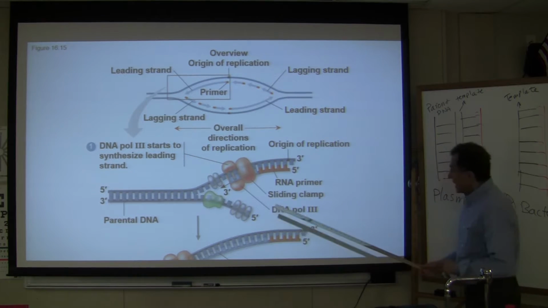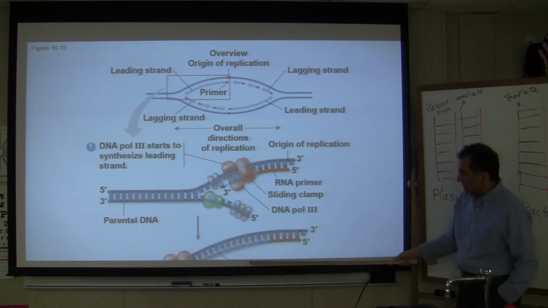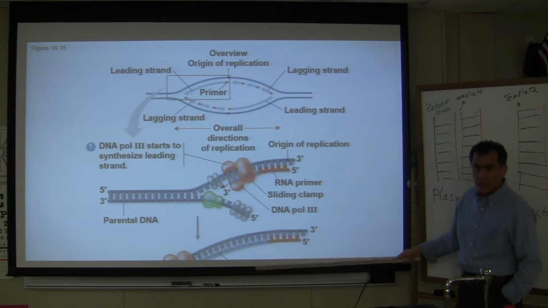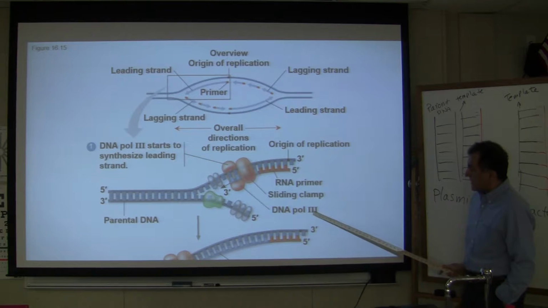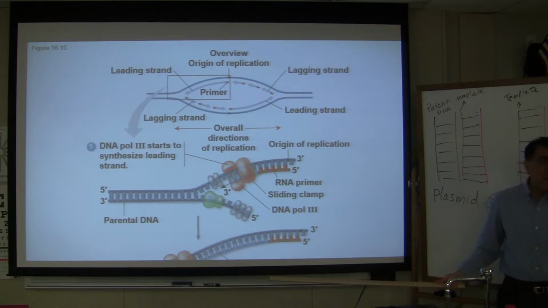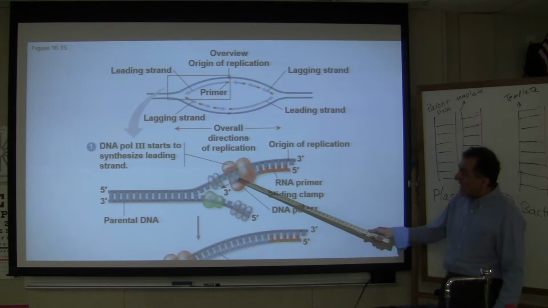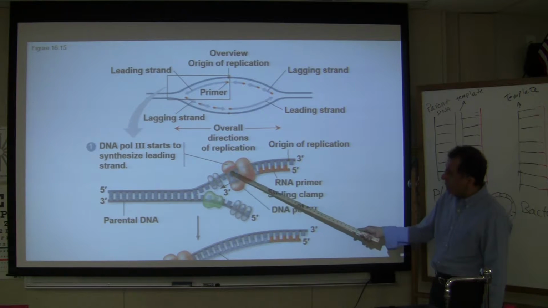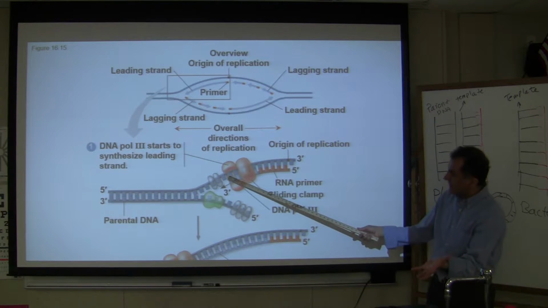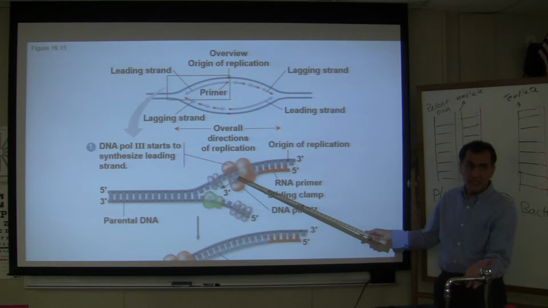Then you have these binding protein molecules, so the 2 DNA strands do not come together. And then DNA polymerase 3, there is also DNA polymerase 1, which we'll talk about. DNA polymerase 3 is adding the new nucleotides based on the template. If it is A here, it's T here. If it is G here, it is C here. Am I making some sense, everybody?